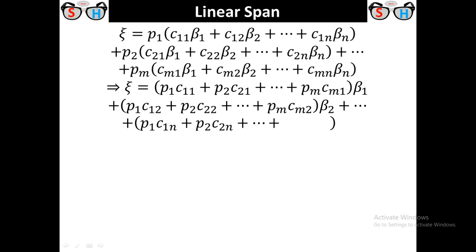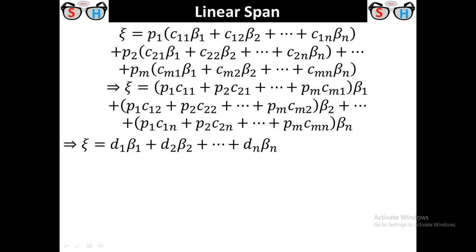So we see that xi equals something beta 1 plus something beta 2. I write down the somethings as d1, d2 and dn. Clearly this is d1, this is d2 and this is dn.